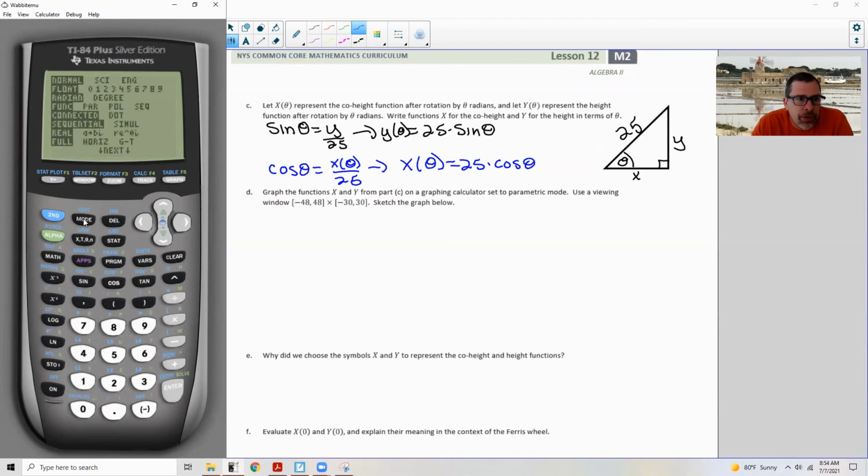So I go to mode. Function parametric is right here. So you come down to function, switch over to pair, hit enter, window, x min negative 48, x max 48, by negative 30 to 30.